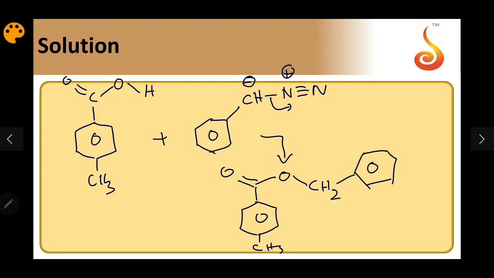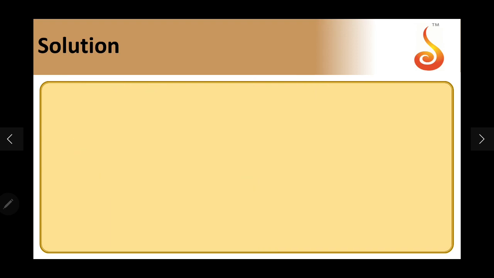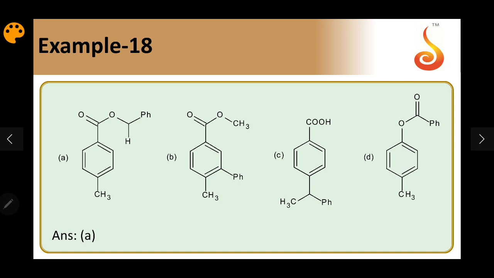So we'll see the options. If you see the options, you can see the CHPh is given as Ph, COOPh. A is the correct answer. If you see B, it is not CH3, Ph can never come here, impossible. Here also it is not possible, and this changes the entire carboxylic acid structure, which is also wrong.